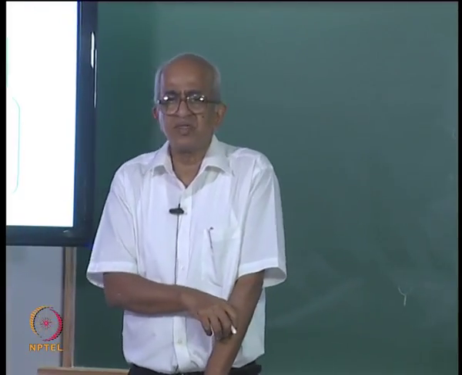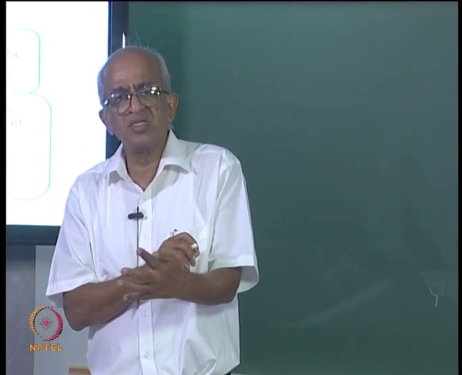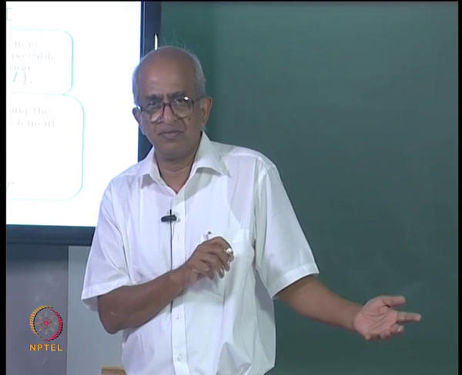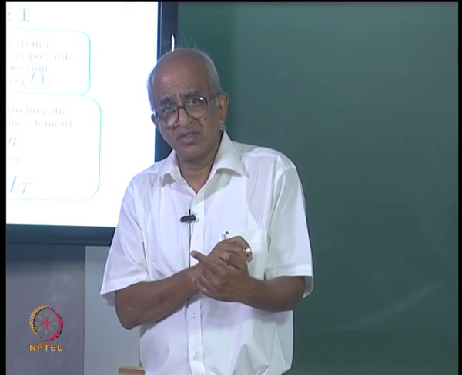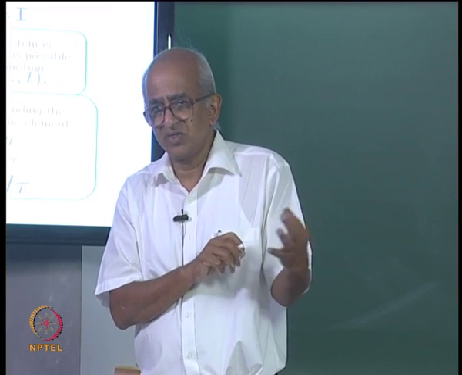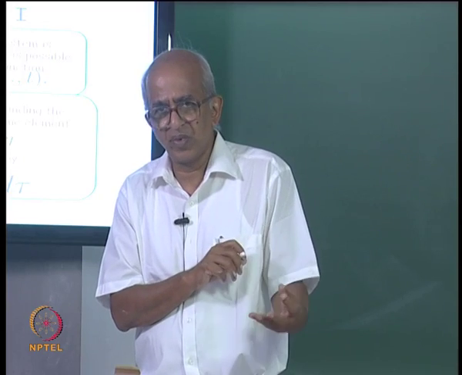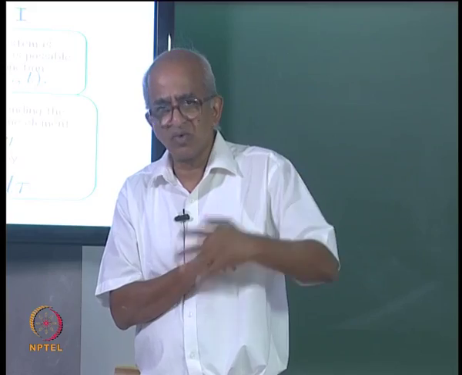Now, sine inverse of 0 has a problem. What is the problem? One possible answer is 0 itself, right, but there are other possible answers. It may be pi, or it may be 2 pi, it may be 3 pi, it may be 4 pi, all these are possible answers.